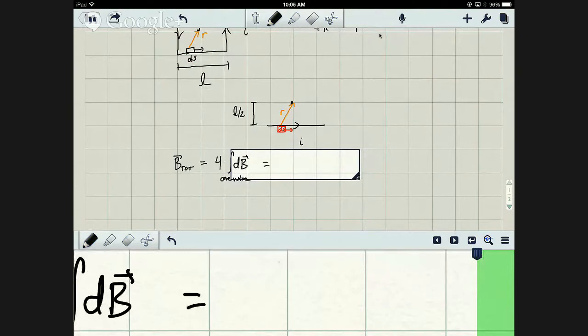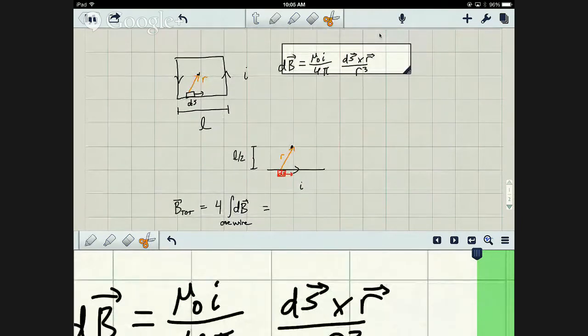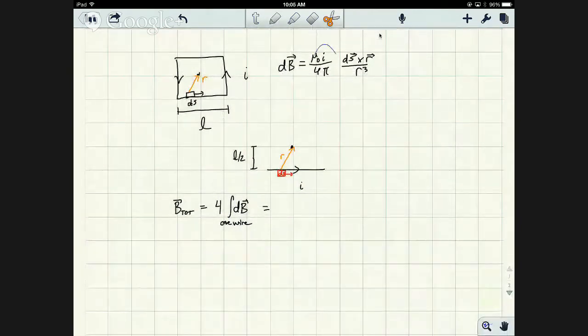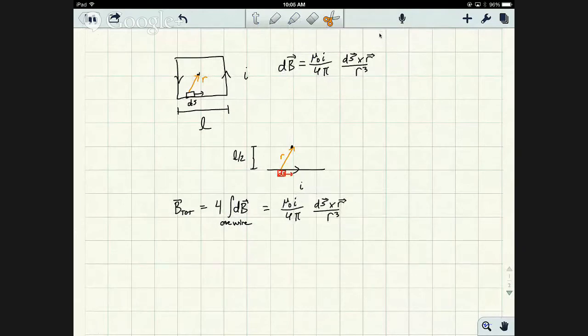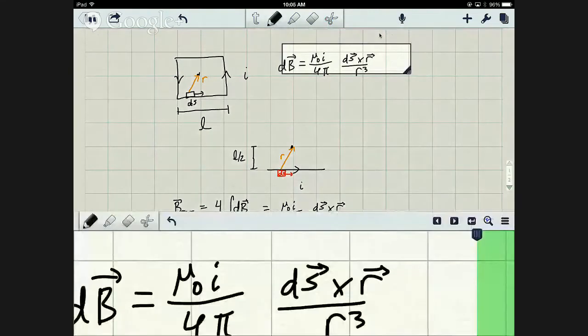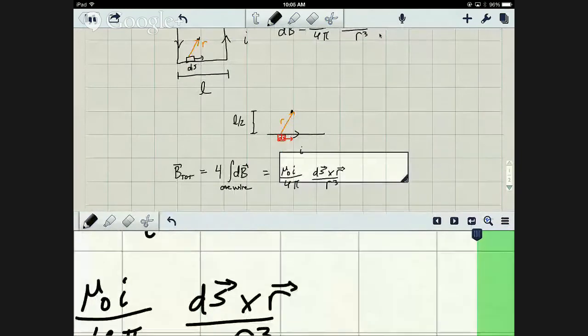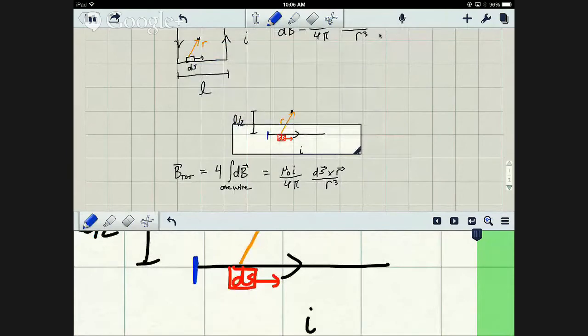So let's go ahead and figure this all out. Here's the law. I'm just going to copy and paste this down here and plug in what each vector is to the best of my knowledge. Now ds, well, what I can do is define a coordinate system. Let's go ahead and use blue here. I'm going to set the x-axis equal to 0 here, and then we'll be positive x this way.